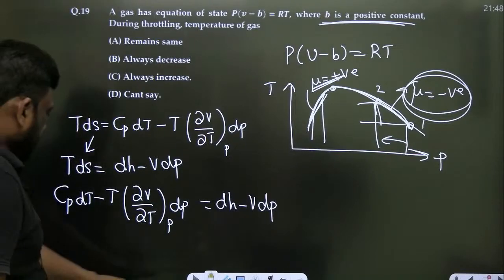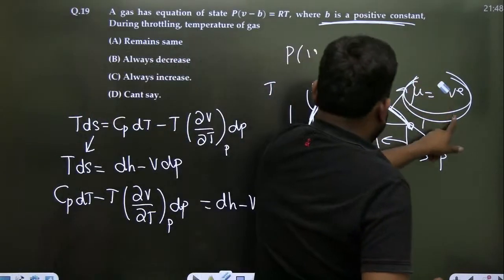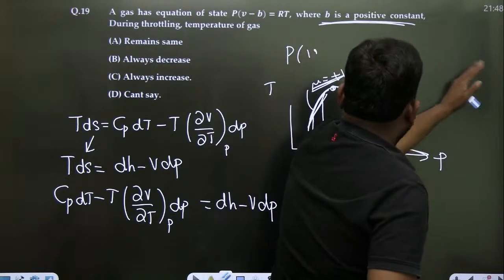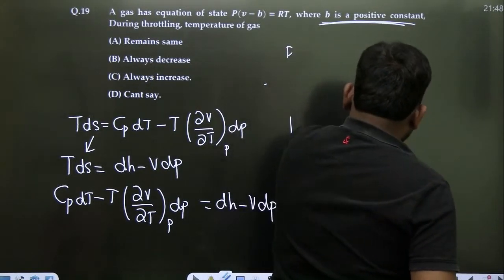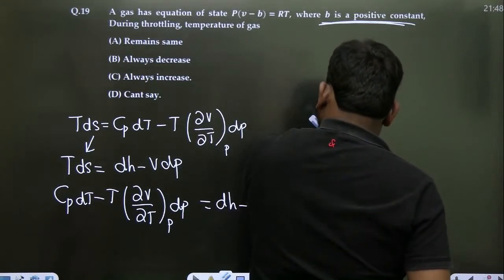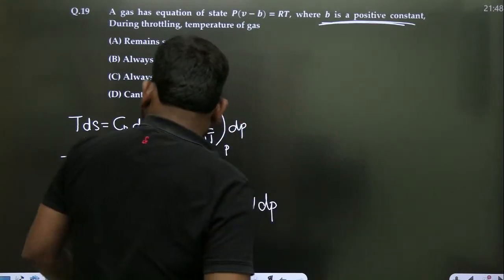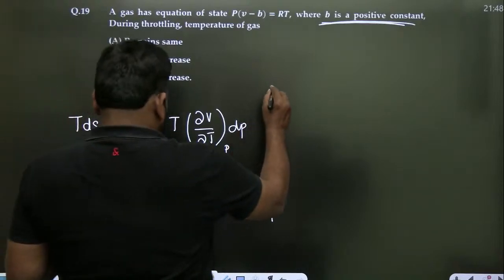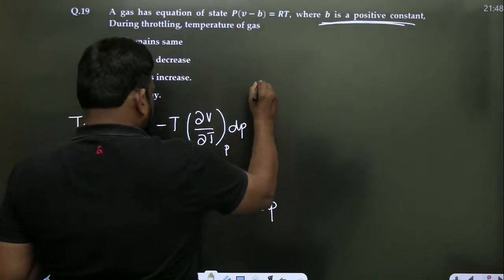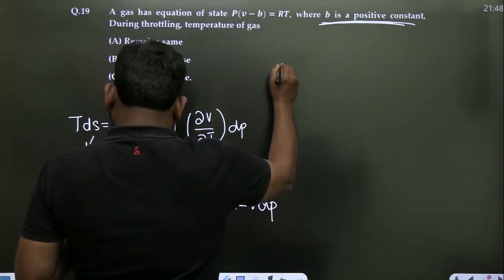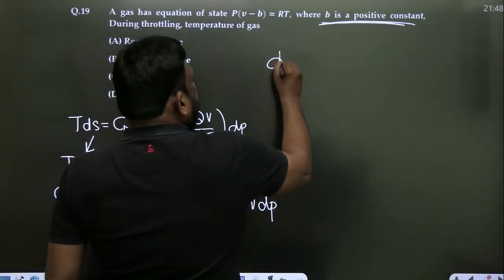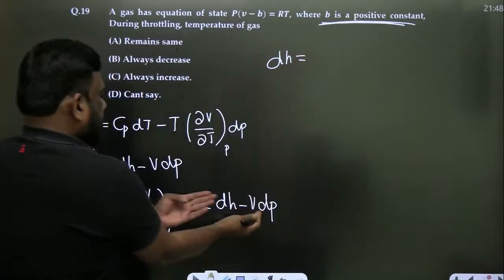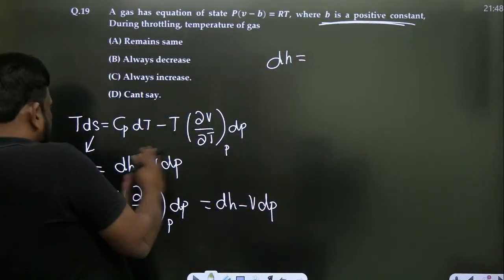Now सुनो. इसको थोड़ा हटा देंगे सर. Let me erase this. This is a good question and you should pay attention to this. देखो सुनो. तो अब हम पुट करेंगे. dH is equal to... ठीक है. Or dH can be written as: you bring VdP to this side.